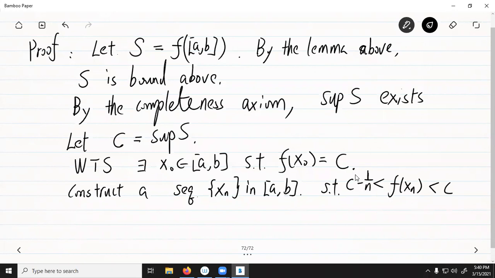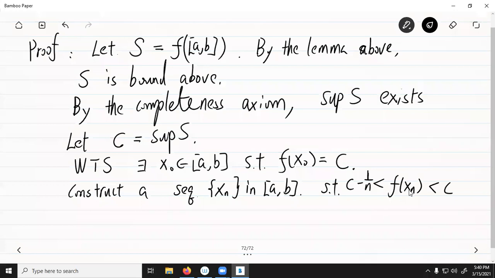For example, if you take N equals 1, C minus 1 is not an upper bound because C is the least upper bound. So you must have some X inside [A, B] such that F of X is greater than C minus 1. We denote that X to be X1.